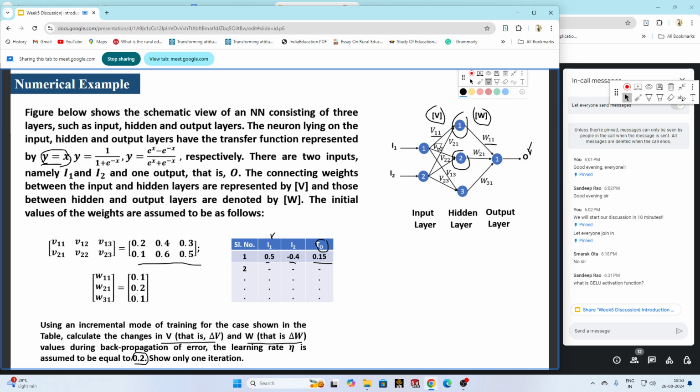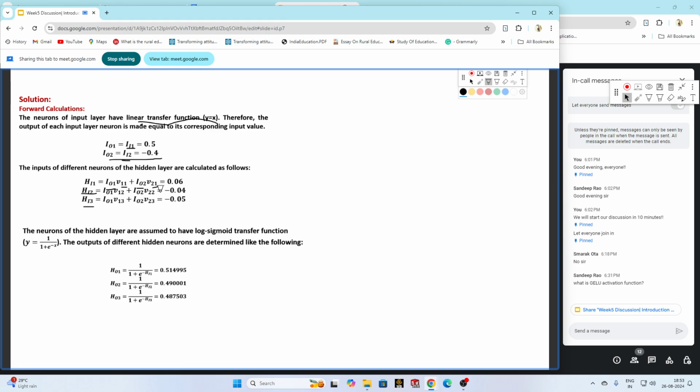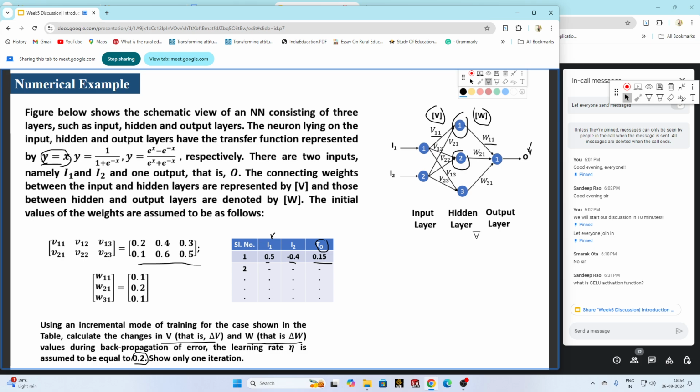That is V12 into IO1 and V22 into IO2. So this is about HI2. Similarly, you can calculate HI3, that is IO1 into V13 plus IO2 into V23. So is this step clear? Any doubt regarding this step?